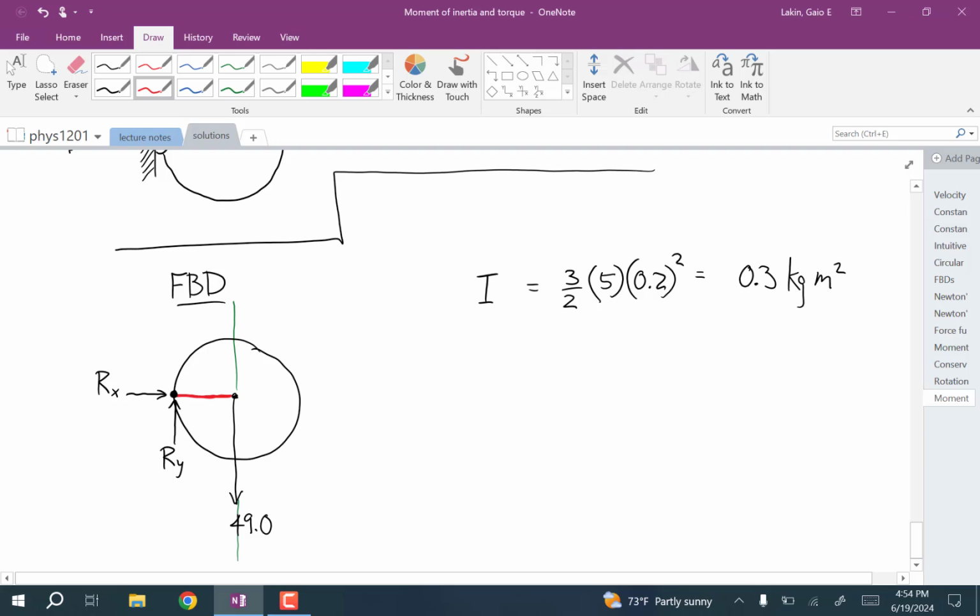Those are already perpendicular. So all we need is this distance d, and that's just going to be the radius of the circle. And so the moment produced by the weight is plus or minus 49 times that distance d, which is 0.2.